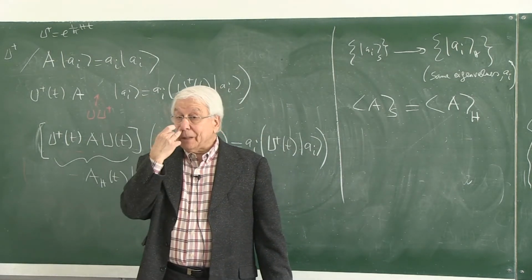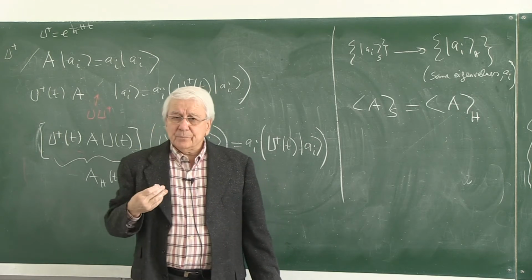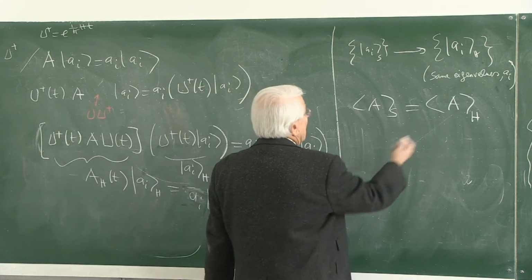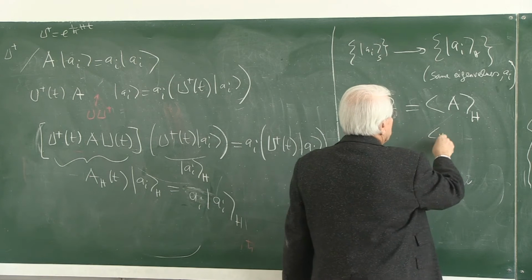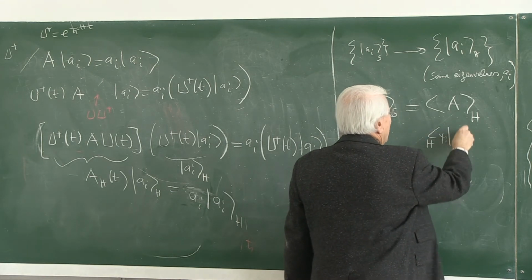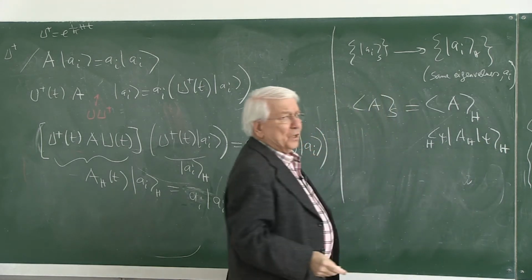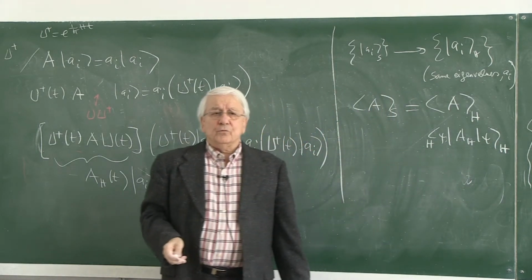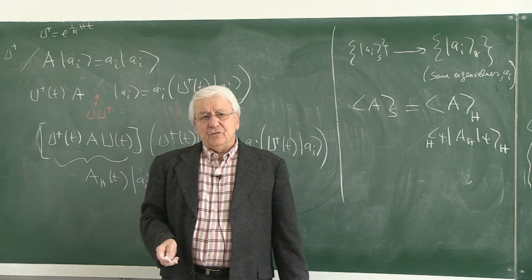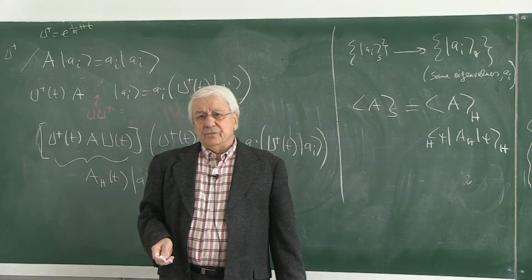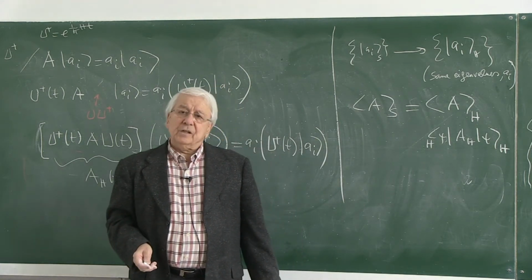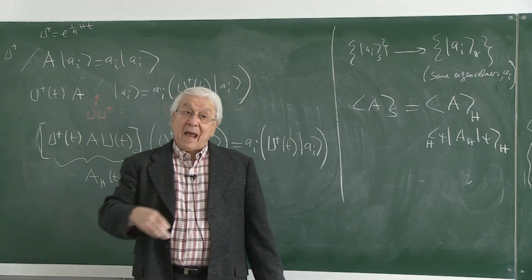These things should be the same, expectation values. So what is the left-hand side? All right, let me start from the right-hand side. Psi_H, A_H, psi_H, right? That's what it means. You take both observables and states in the Heisenberg picture, and let's write down the definitions of these entities to relate it back to the Schrödinger picture.